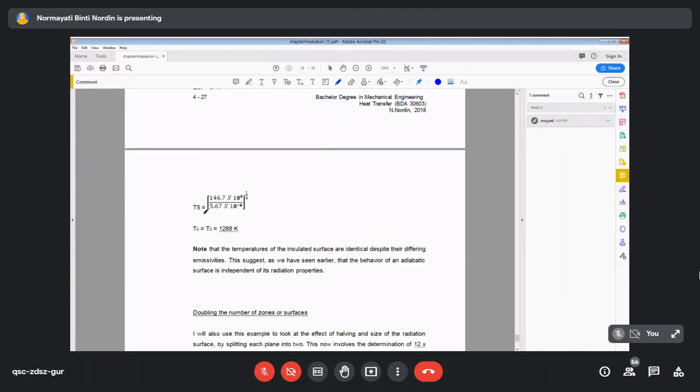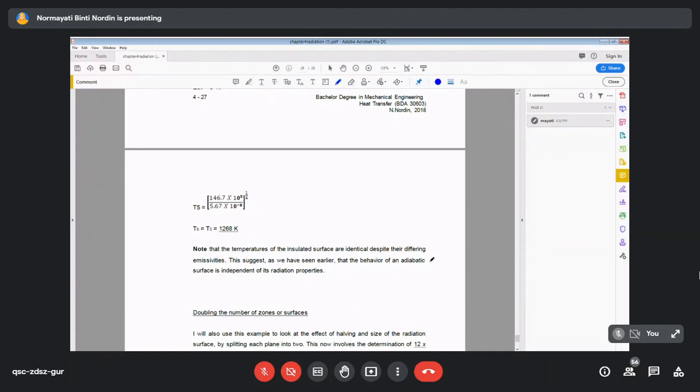So you can get the formulations, the temperature for both surface 5 and 6 is equal to 1268 Kelvin. Okay, note that the temperature of the insulated surfaces are identical despite their differing emissivity. This suggests, as we have seen earlier, that the behavior of an adiabatic surface is independent of its radiation property. So ini adalah important note juga lah.